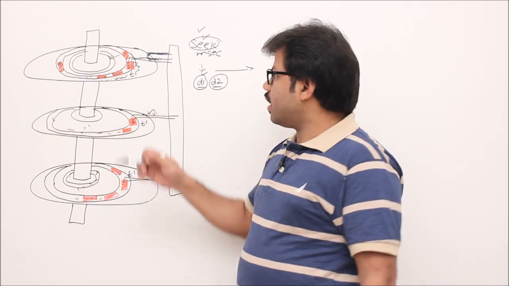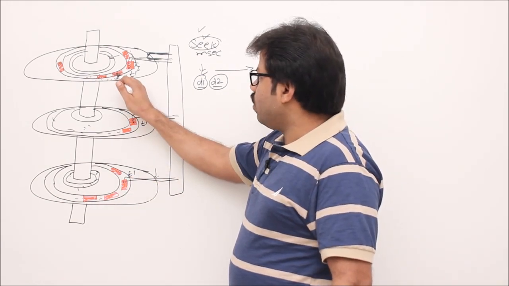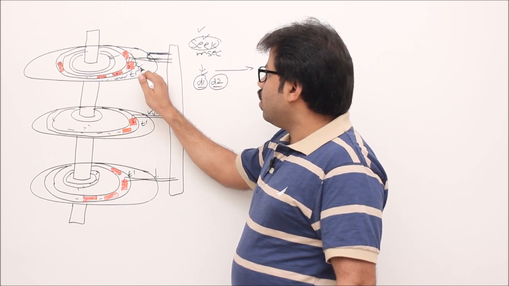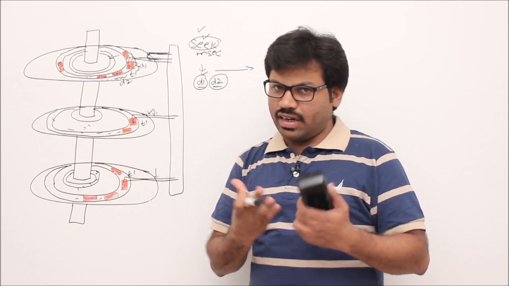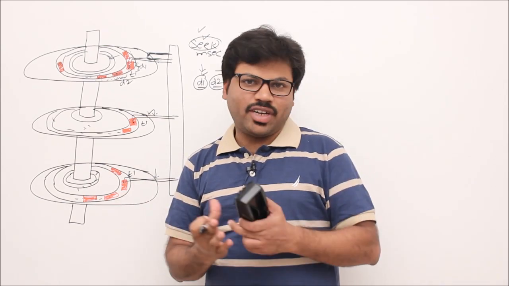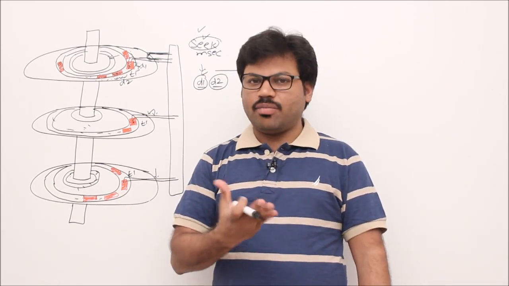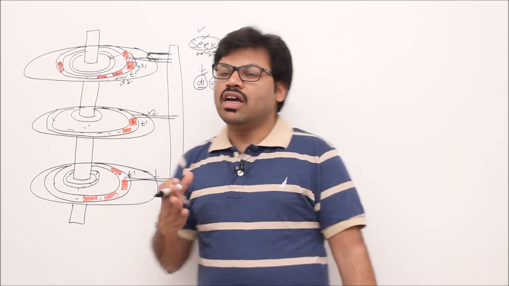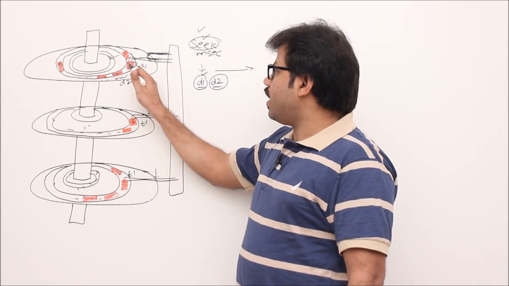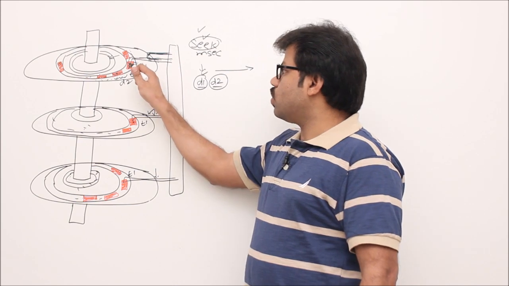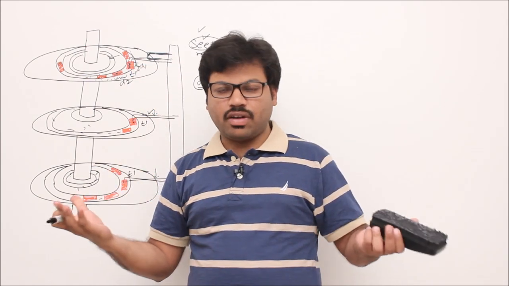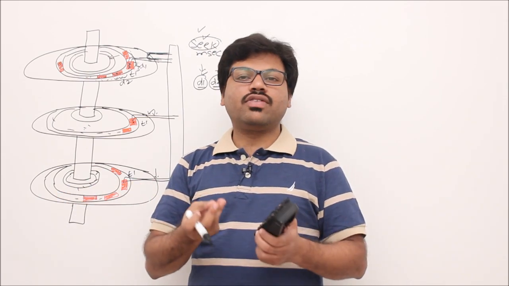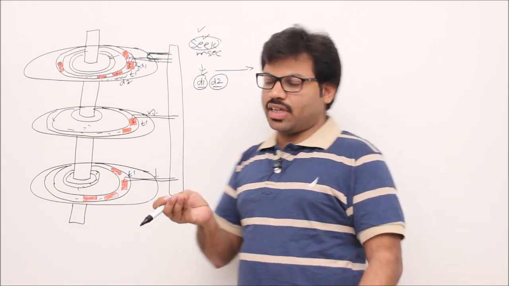Now if you have two data items on different sectors, somehow they are related. Maybe they belong to the same table, otherwise they belong to the same record. In that way we can imagine. If any two data items you store in the same sector, I can say they are part of the same record, right? Maybe they are part of the same field. In that way we can imagine.